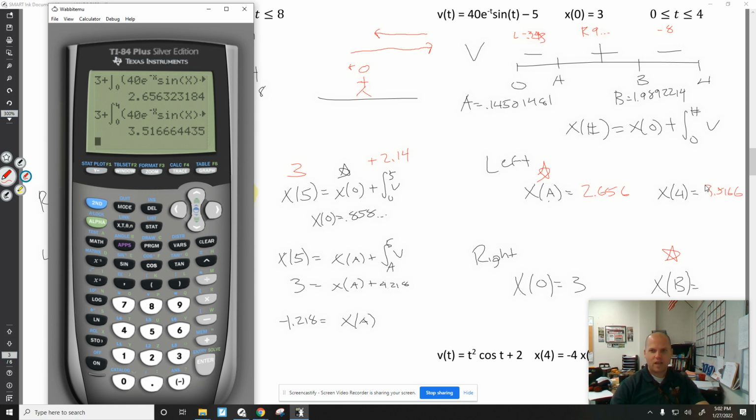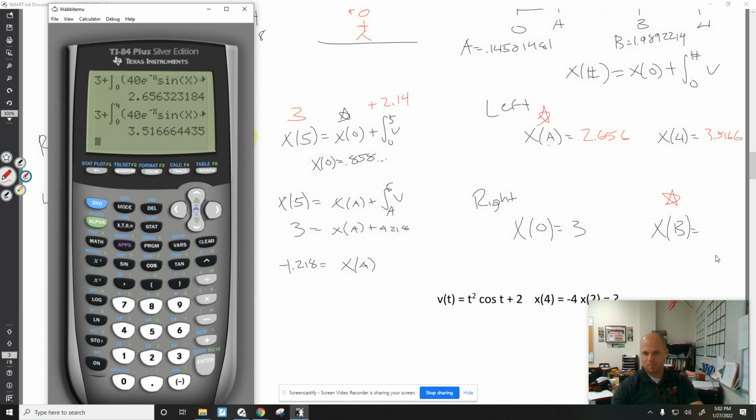Now let me show you how I can get that as well. Like I can go from 0 to A and then to B and then to 4. I'll do that in a second. But let's do B. So 0 to B. 11.665.